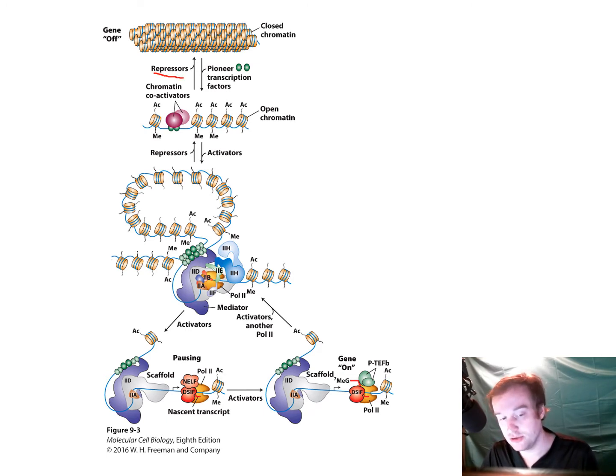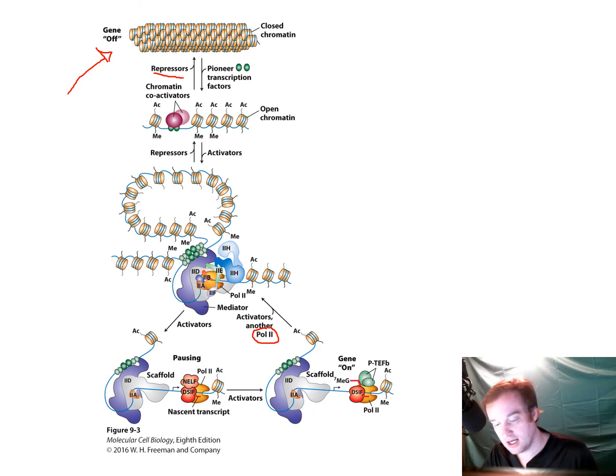What repressor proteins do is they can either bind to transcription control elements to inhibit transcription initiation by this Pol II enzyme that we'll get into shortly, or they can interact with this multi-protein co-repressor complex that leads to more condensation of the chromatin.